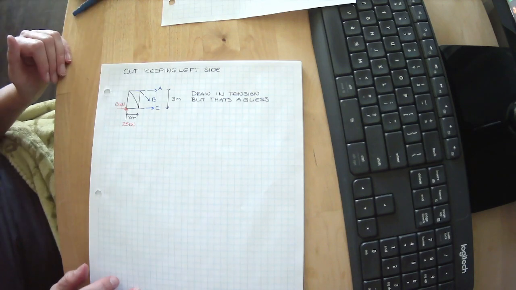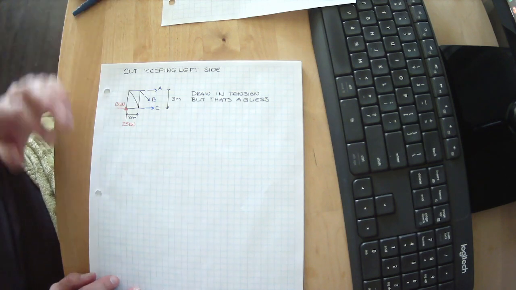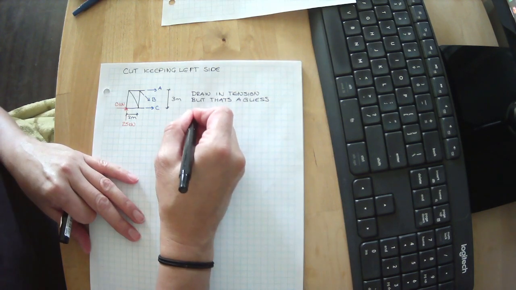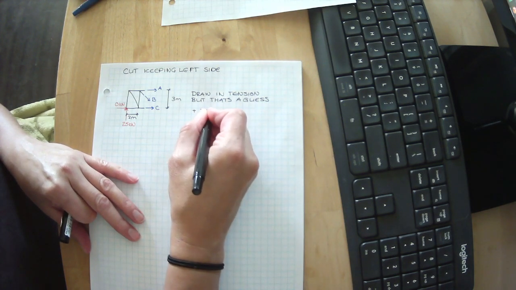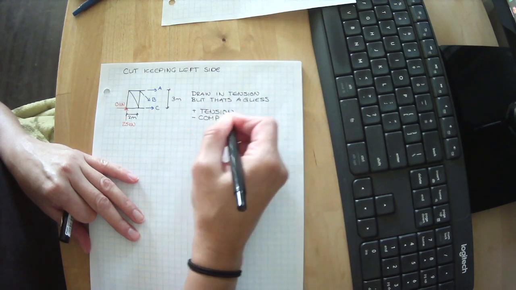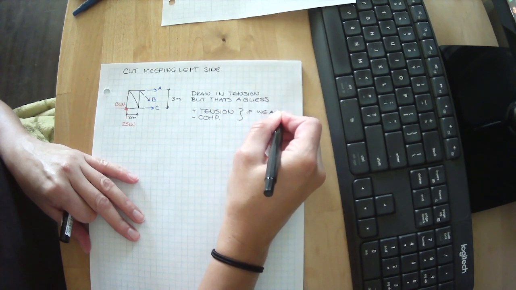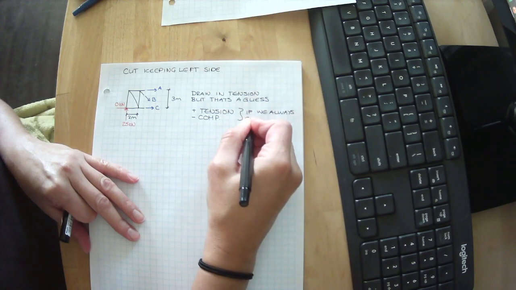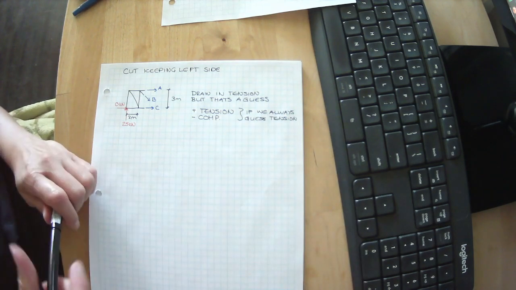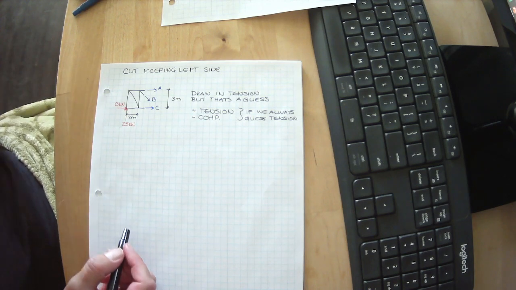Do you remember when we looked at reactions last week? If we got a negative number, it meant our arrow was supposed to be in the other direction. So if I always draw everything in tension, positive will be tension, negative will be compression. If I guess compression and I'm wrong, I'd get a negative answer, which means it's really in tension.